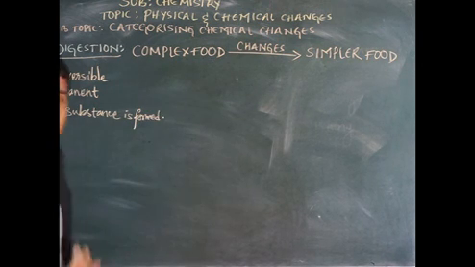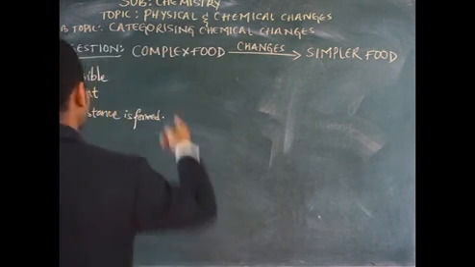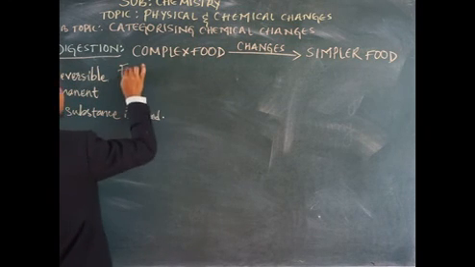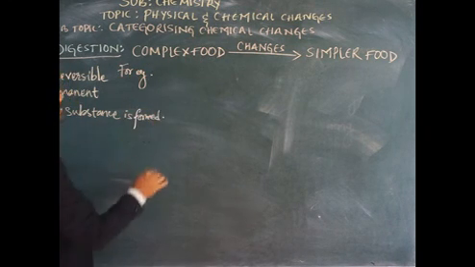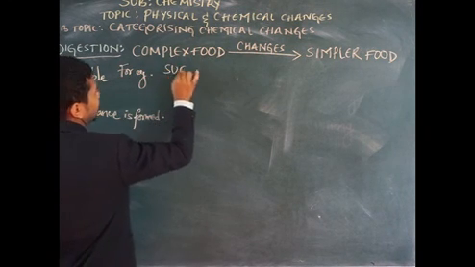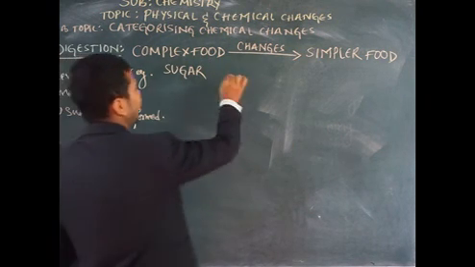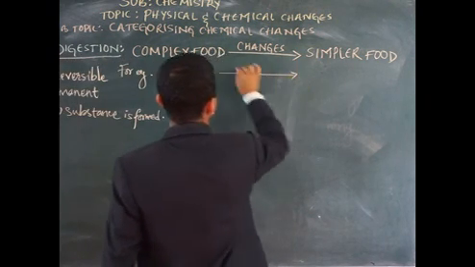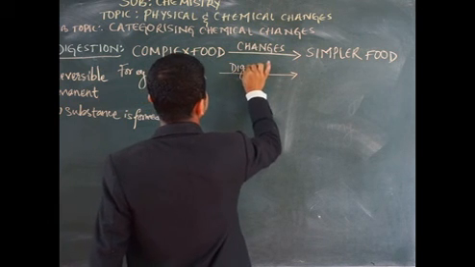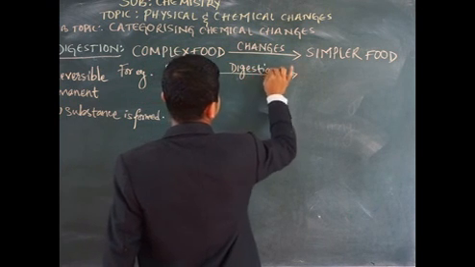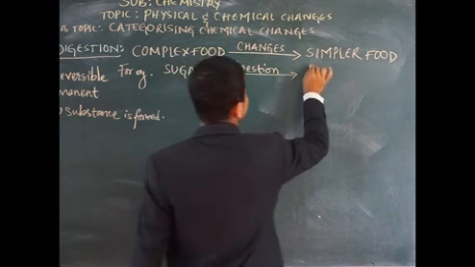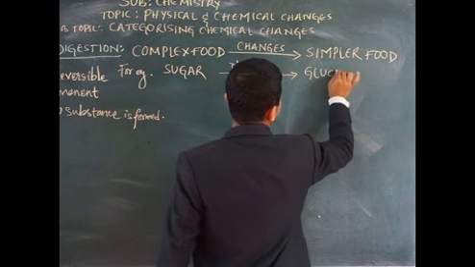Now let's see how a new substance is formed. For example, sugar. You are eating sugar, and after digestion, sugar changes to glucose.